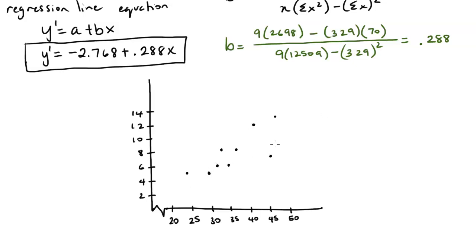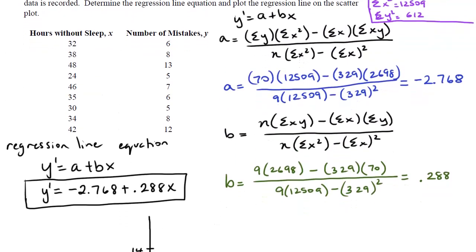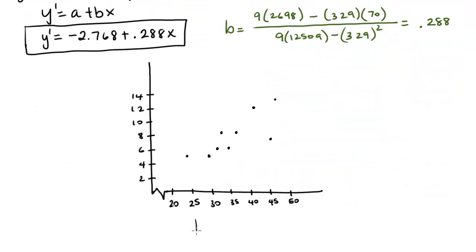So now the line of best fit is going to best approximate this scatter plot here and enable us to make predictions and what have you. So I think the best way to do this is to let me label my axes. Hours without sleep and number of mistakes.